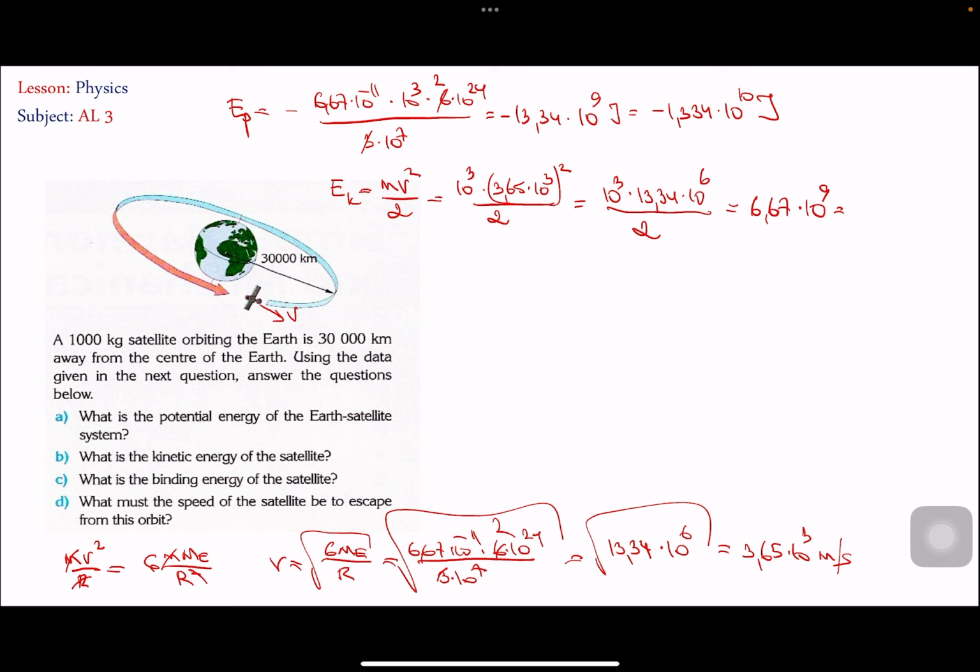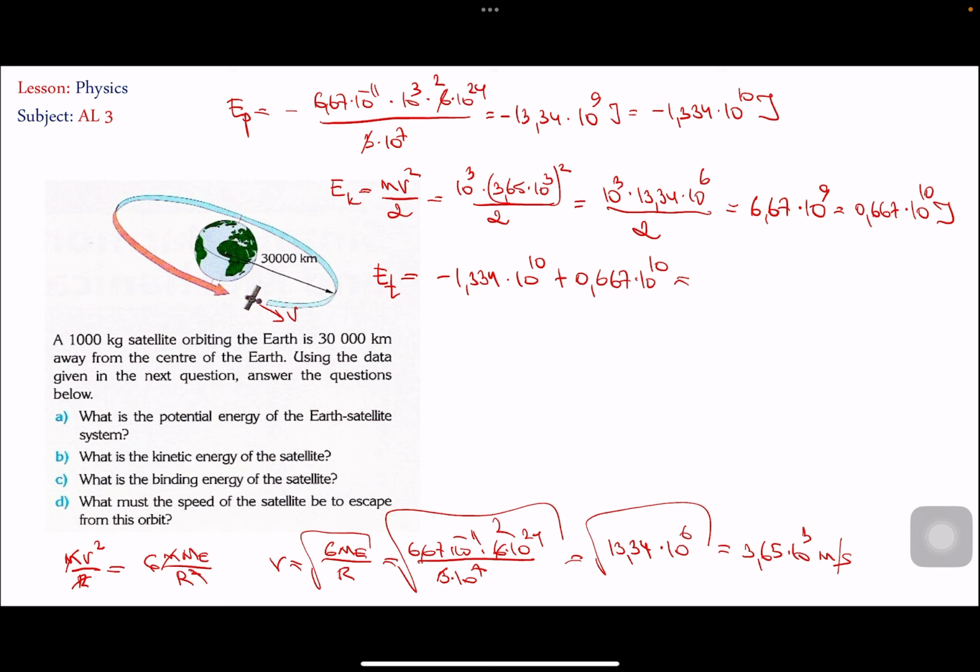So 0.667 times 10 to the power of 10 joules here, but I have the positive sign. So the total energy of the satellite will be the sum of these two: the potential energy of minus 1.334 times 10 to the power of 10, plus 0.667 times 10 to the power of 10.